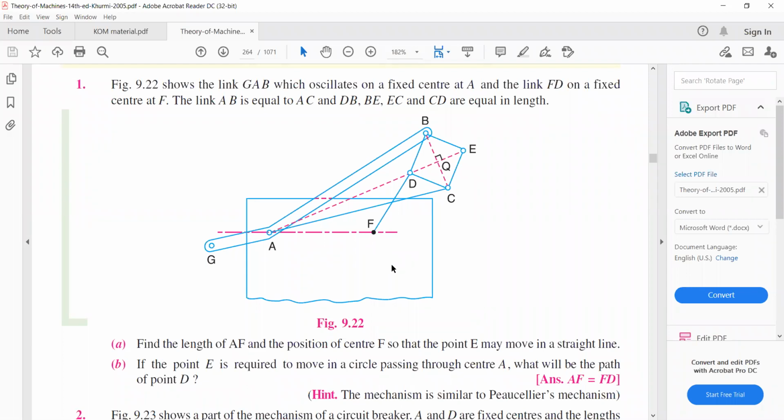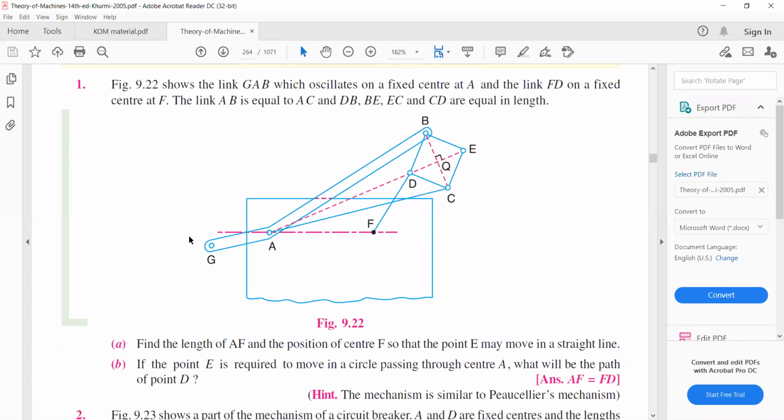And if the point E is required to move in a circle passing through the center A, what will be the path of point D? So all of you make a problem.